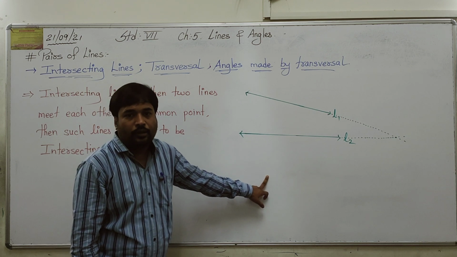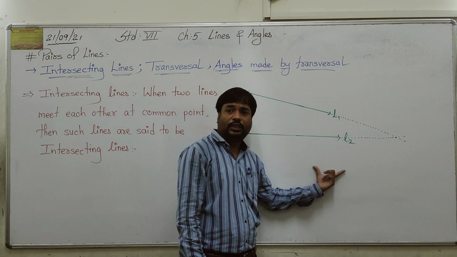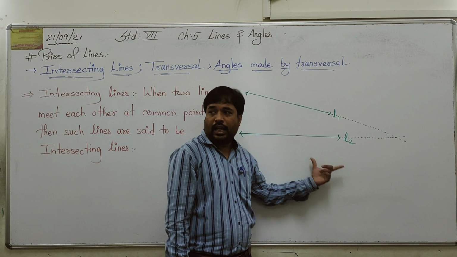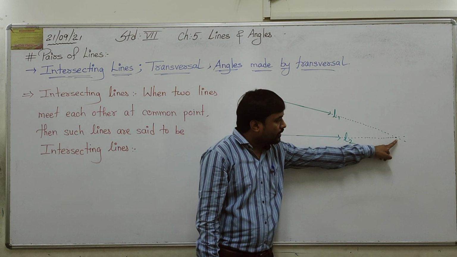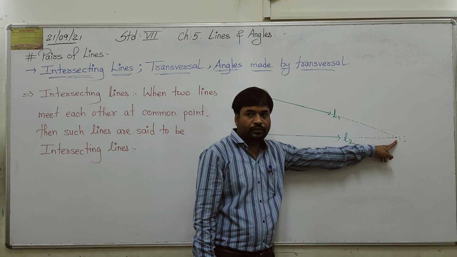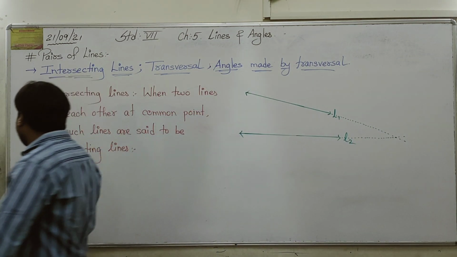Why? Because we are very familiar that the lines can be extended in both the directions. And if I extend this line further, it will intersect at some point. Got it? Then these two lines are said to be intersecting lines.